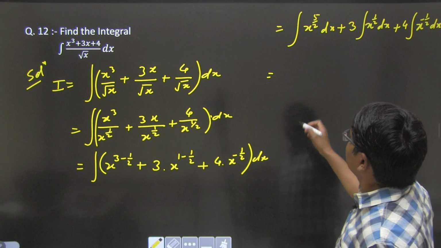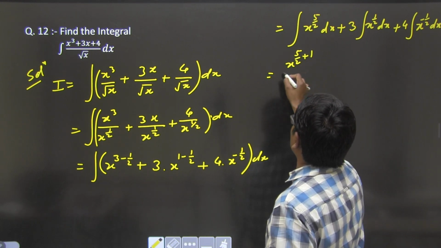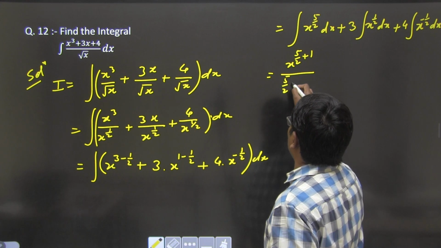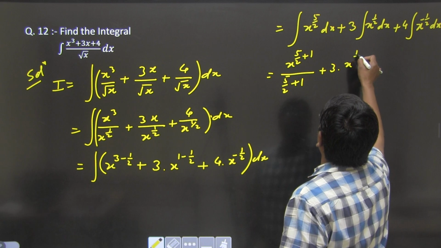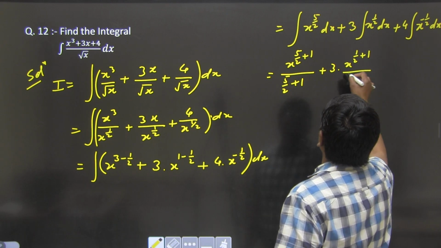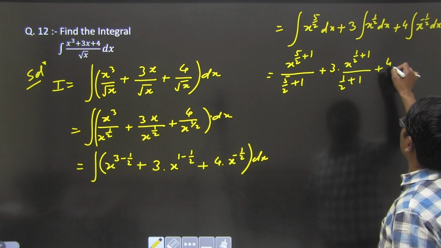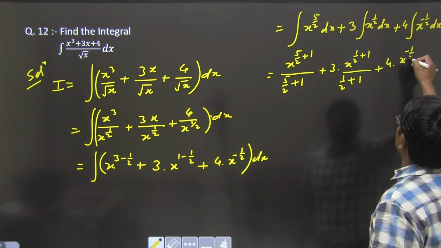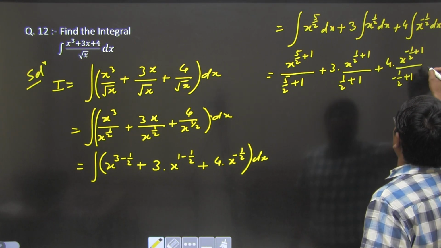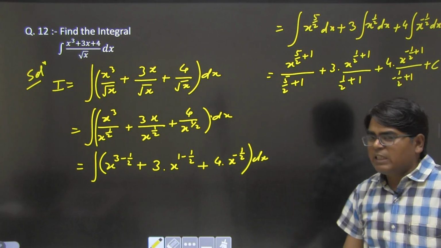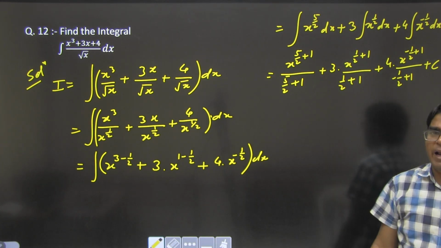How to integrate this? So, this will be x to the power 5 by 2 plus 1 upon 5 by 2 plus 1, plus 3 times x to the power 1 by 2 plus 1 upon 1 by 2 plus 1, plus 4 times x to the power minus 1 by 2 plus 1 upon minus 1 by 2 plus 1. We just apply the formula of integration of x to the power n.